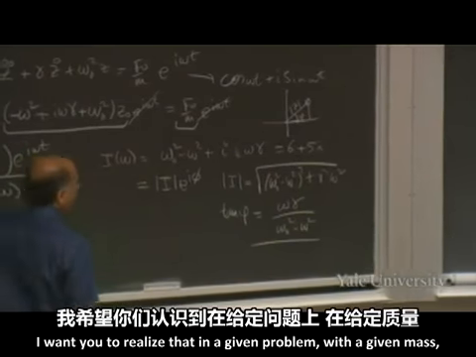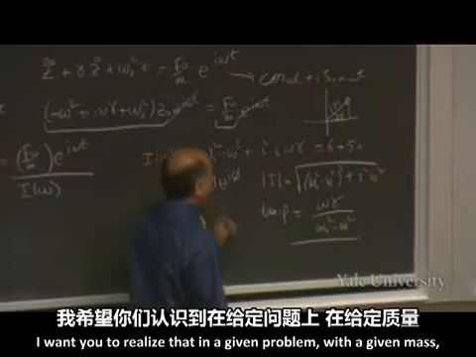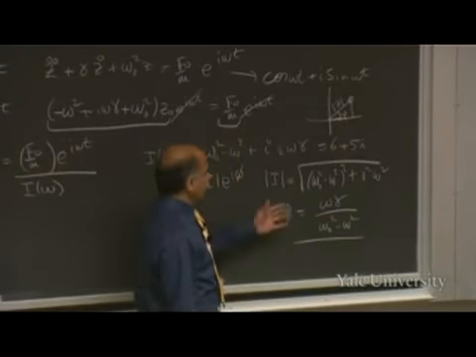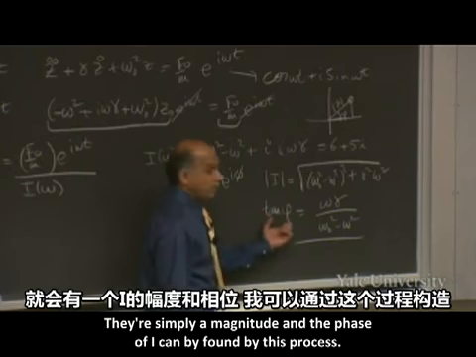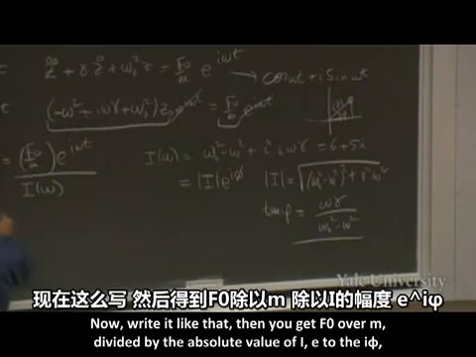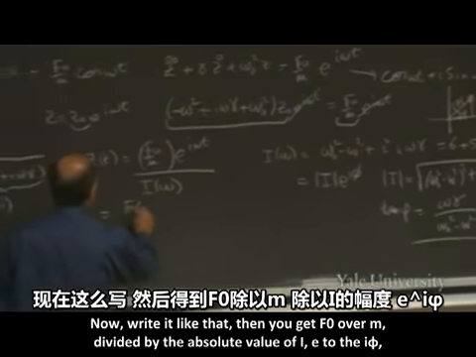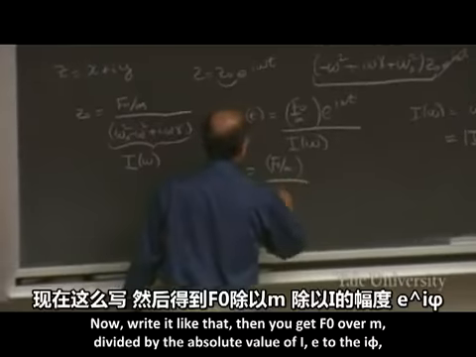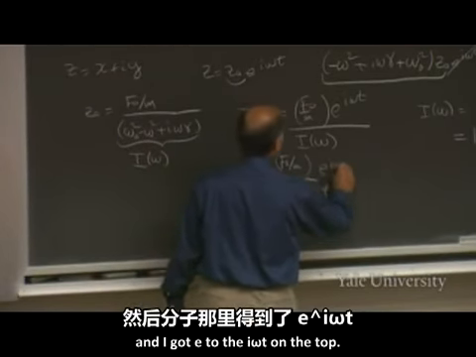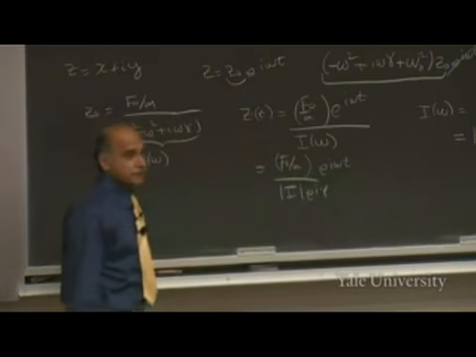I want you to realize that in a given problem, with a given mass, given friction, given frequency, both these are known. They're simply a magnitude of I and the phase phi, which can be found by this process. Now write it like that. Then you get f0 over m divided by absolute value of I e to the i phi, and I got e to the i omega t on the top.